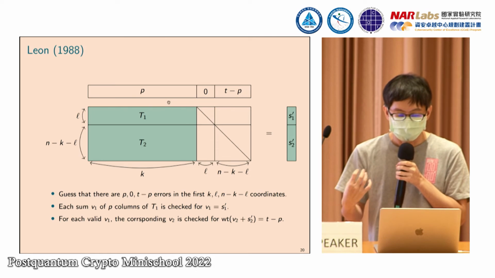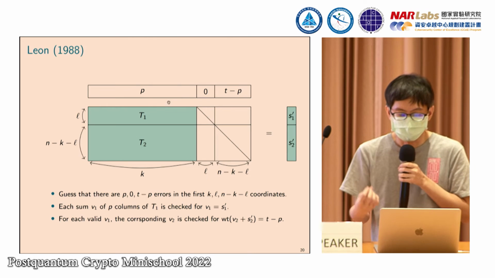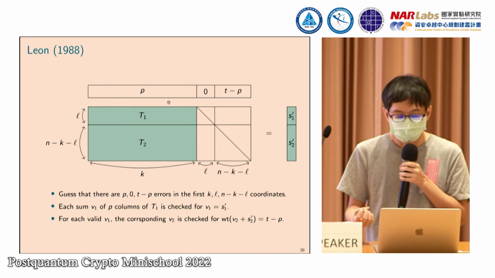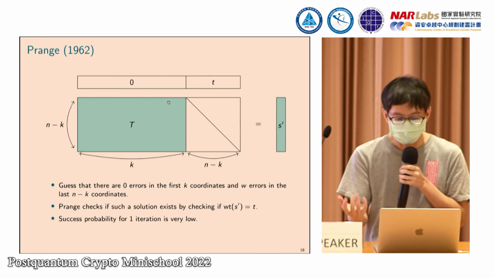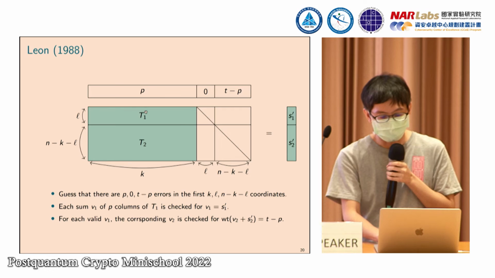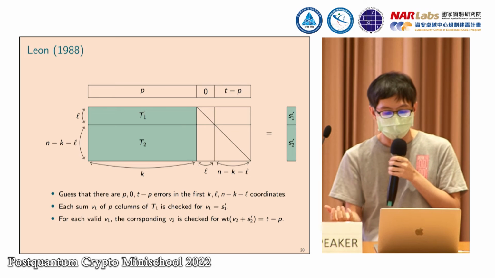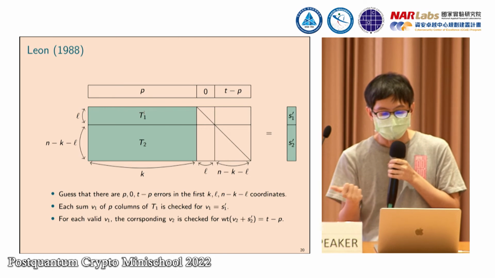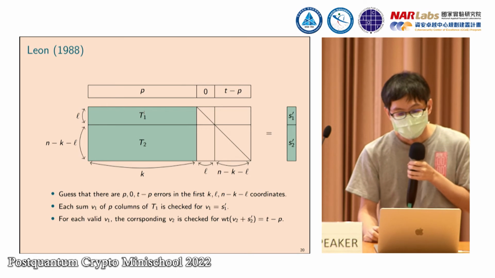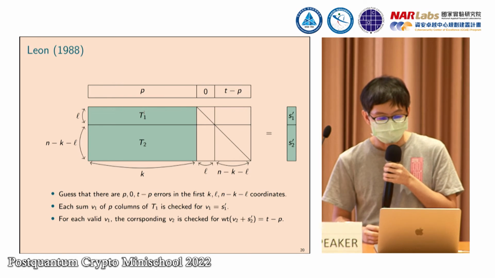So as I mentioned, you want to do an early abort. So first of all, you just do something that's essentially the same as in Lee-Brickell. You just try to enumerate all the sums of p columns in this matrix T1, and then you check if any of them is equal to S1 prime. If this happens, you already find a solution for the first row block.